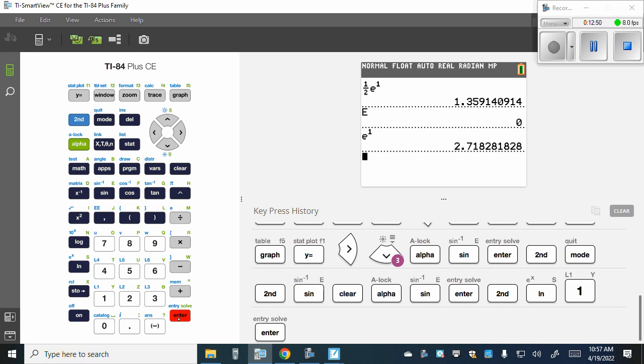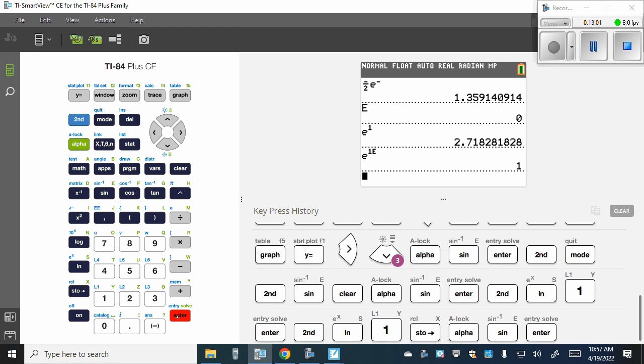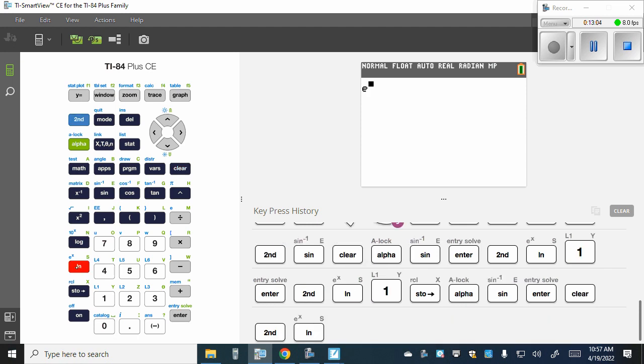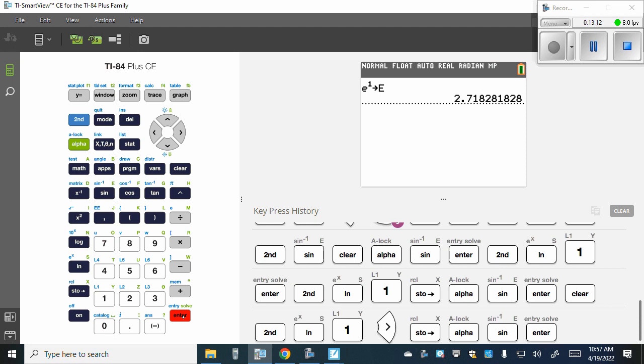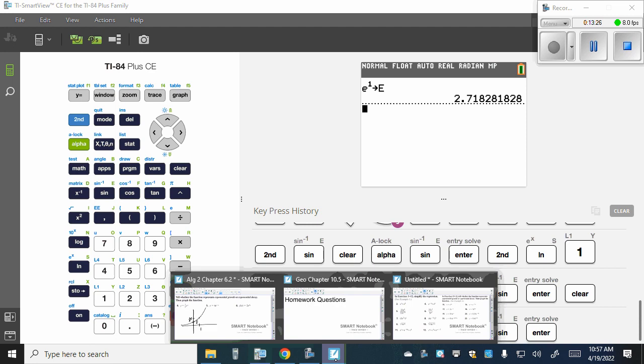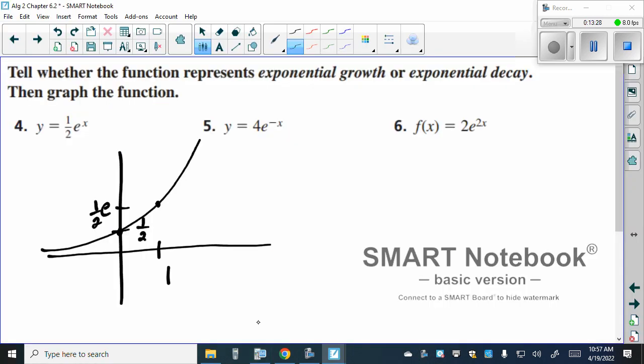I mean, if we wanted to, we could make it so that it does work. So I could say second E to the first, store. Now they're the same value, but they're different. Does that make sense? Essentially, any of the other letters are going to be the same as that capital E. This E is special. Any other questions on this here?